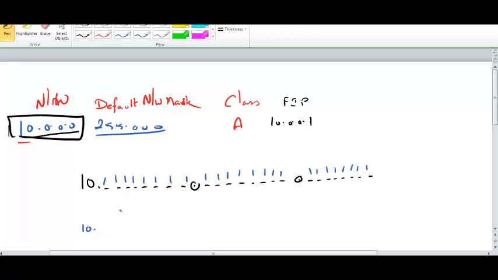When all the 8 bits are 1, we type 255, right? This is another 255. But this is not last. This is last, I agree, but this cannot be the last IP. Why? It is dedicated for another purpose. What is it? It is called the broadcast IP address.